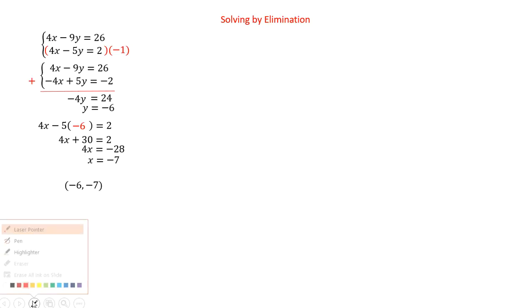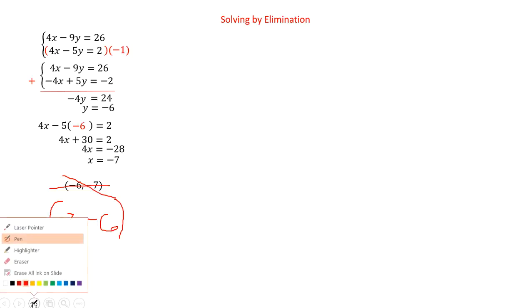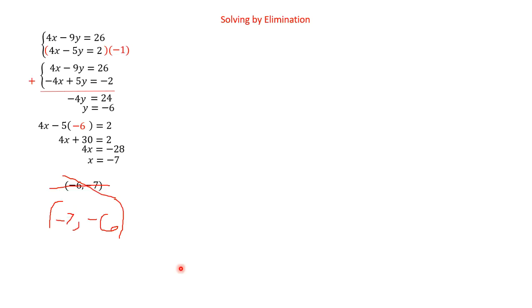These two are switched. Negative 7 comma negative 6. That would be the downside to finding y first, but that's the attention thing.